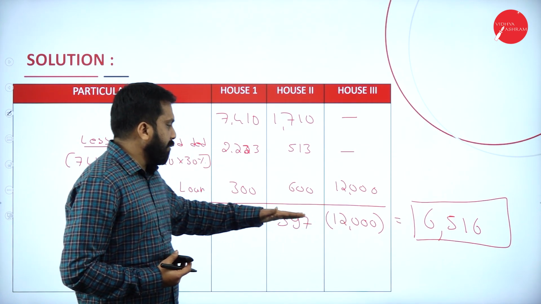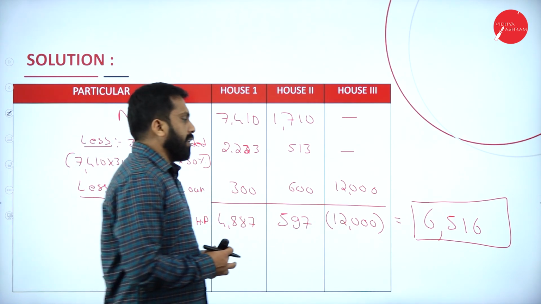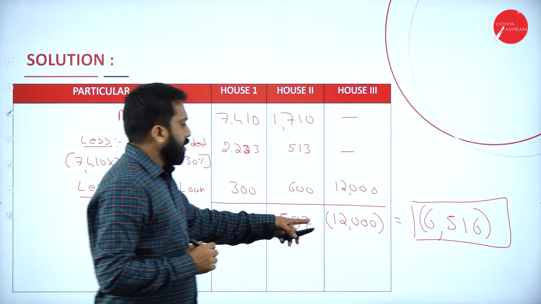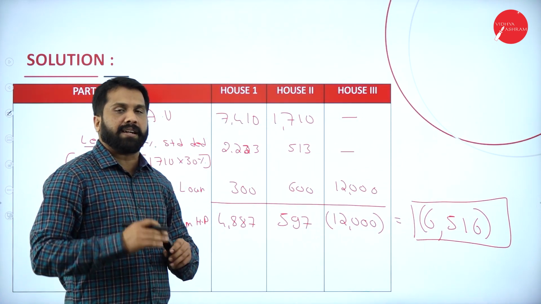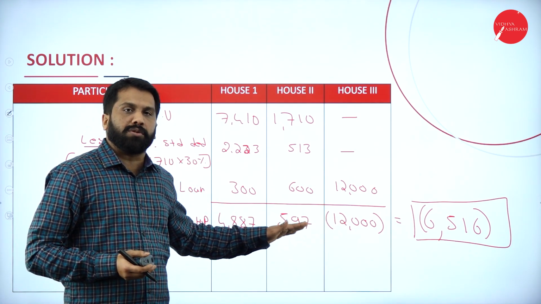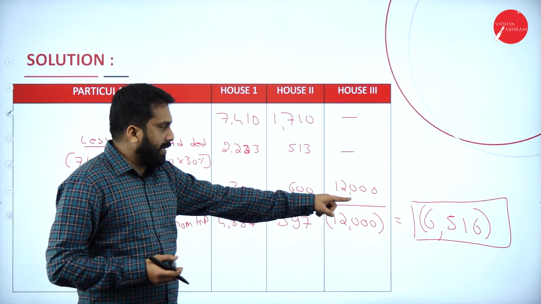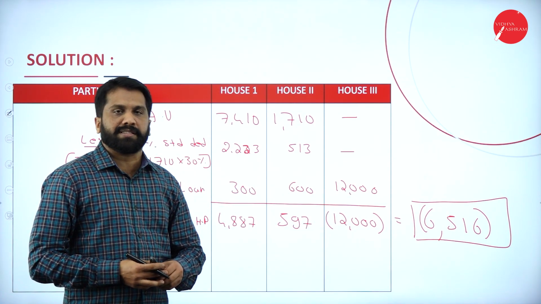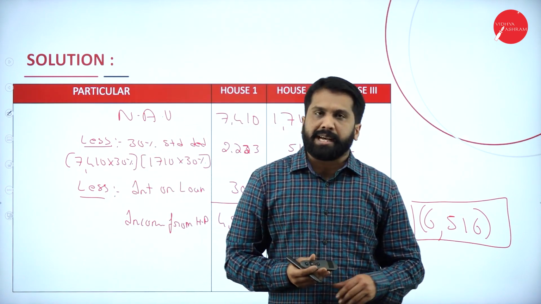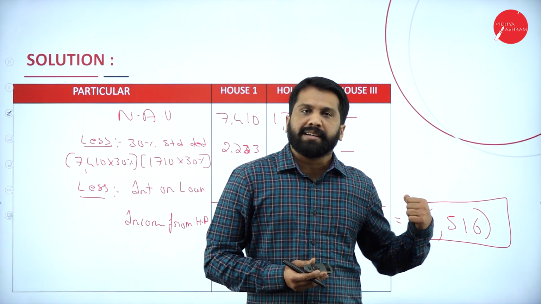There is a minus value. These two are positive values and your final answer is negative. Why? Because for your last house we have negative. You need not pay tax actually. Next year, whenever you do house property, you can claim this 6,516. That comes under set off and carry forward. In your next sem, you will learn what is set off and carry forward.